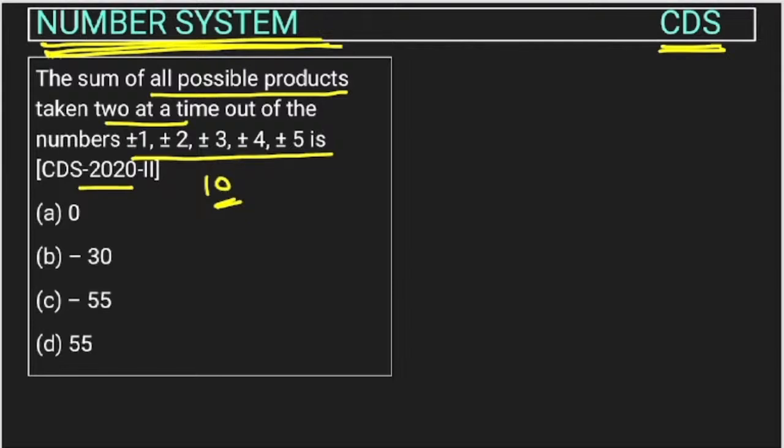Now what do we have to do? The question is asking for the sum of all possible products taken two at a time. So suppose there are two variables. I am just explaining. This is plus minus A and plus minus B. It means we will consider the plus A value and minus A value, and the plus B value and minus B value, right?